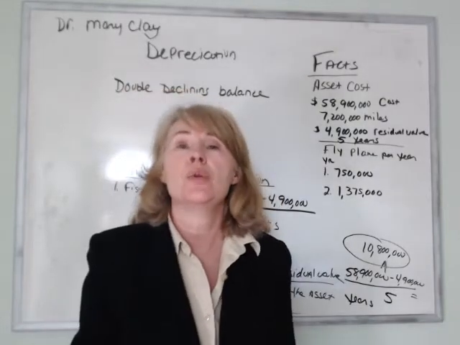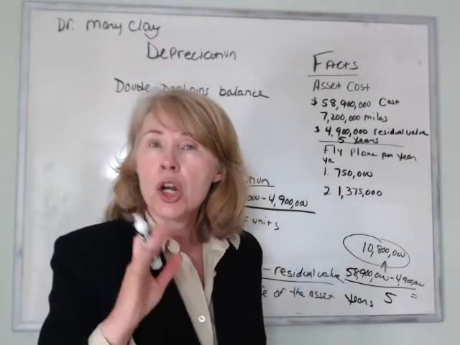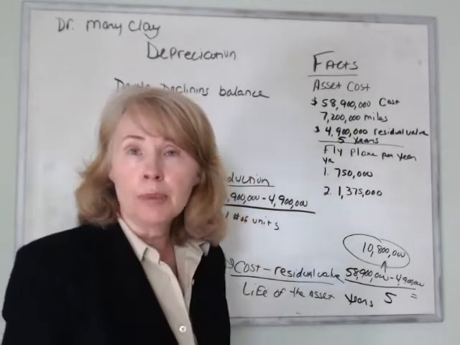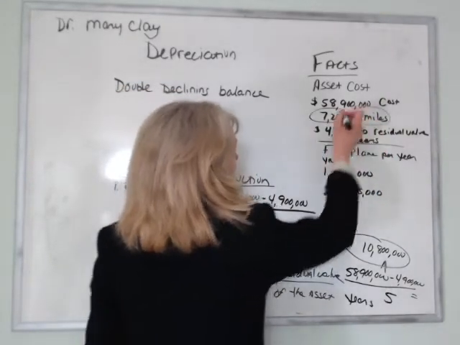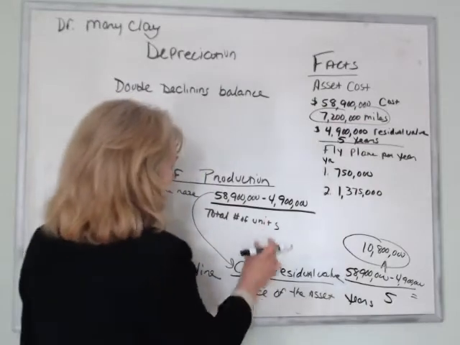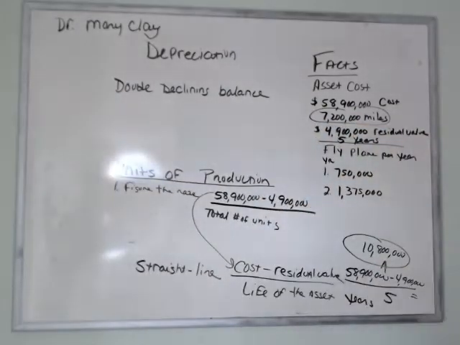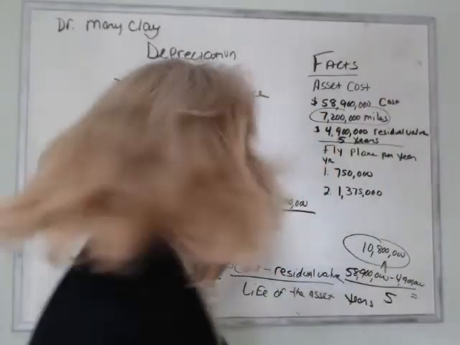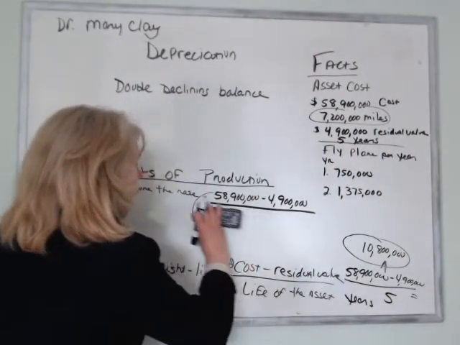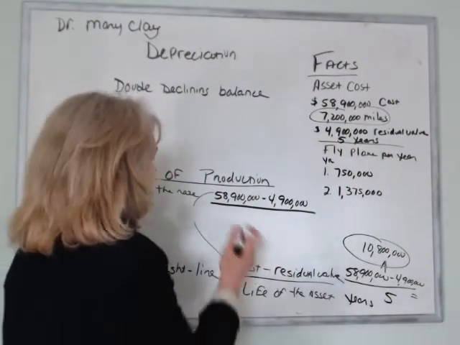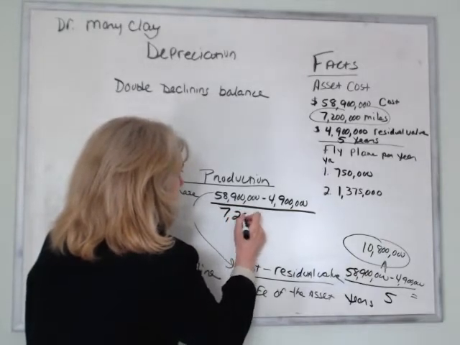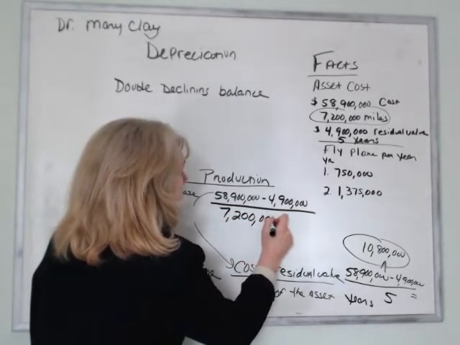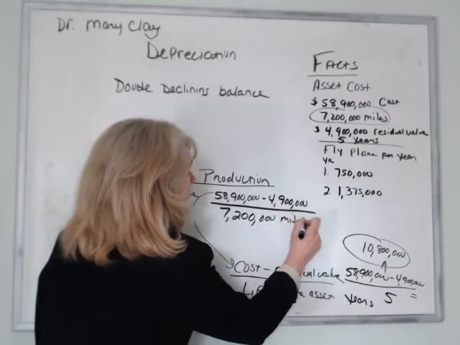So I always say to students, find the largest non-dollar figure in the problem. So I'm looking back up. What's a non-dollar figure? This one. So I go over here, and now I input it. So let me erase, because I already told you what you're doing. You're going to take the total number of units. So now I'm going to erase, and I input my number, 7,200,000 miles. Okay?